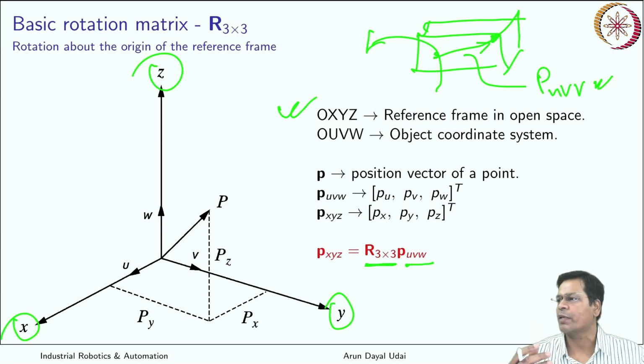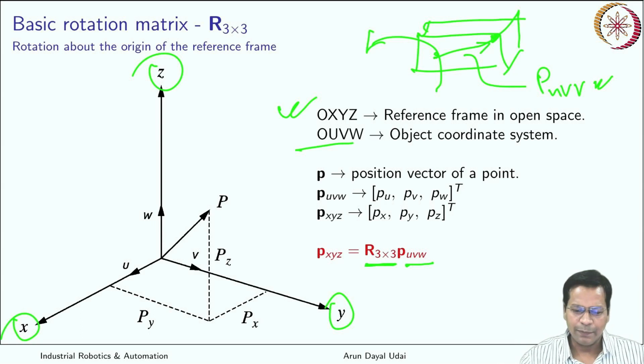OXYZ is the reference frame in open space about which rotations are happening, and OUVW is the frame attached to the object coordinate system. I want to find the new point location in the frame OXYZ after the rotation has happened to the object. This is our intention.